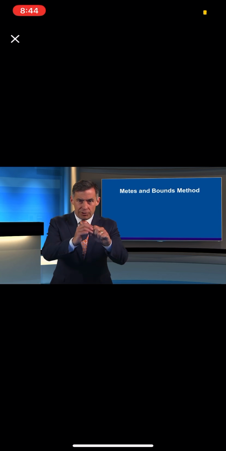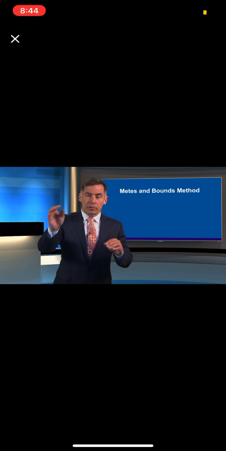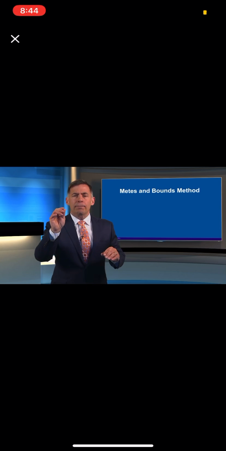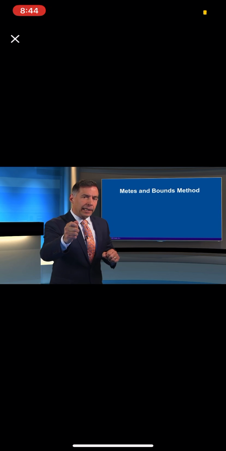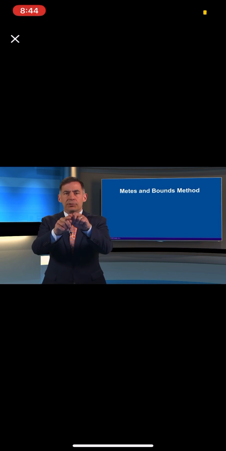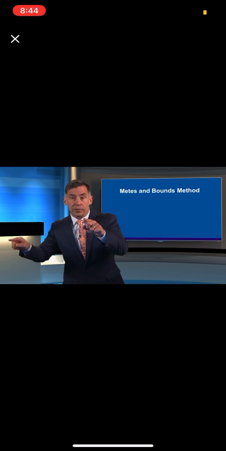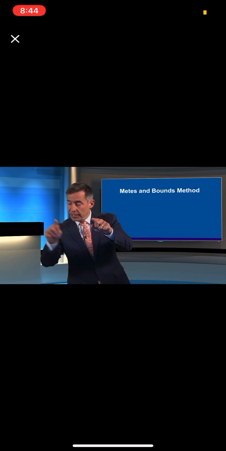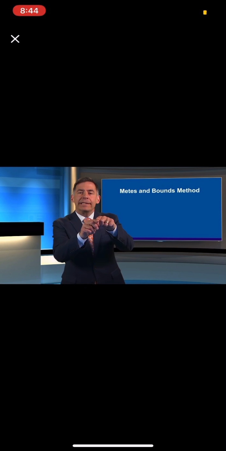From that permanent reference mark, you can take the angle and the measure and get to, now this is the most important thing, the point of beginning. Once again, that's the beginning of your property's description. It's not the reference point that just gets you to the point of beginning. Then in a clockwise fashion, you read that metes and bounds description, you find your other points, and when you find the last point, understand, you go straight back to the point of beginning.